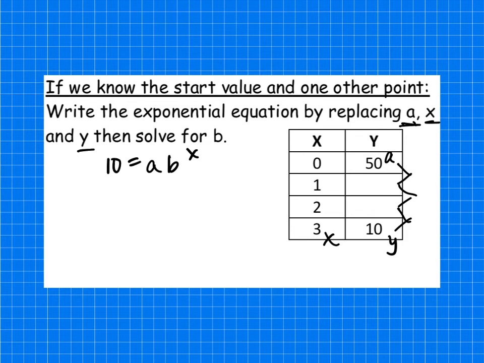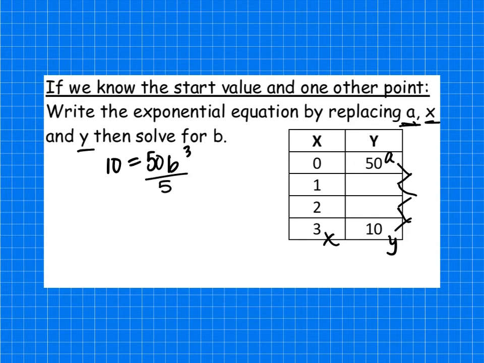I'm going to replace a with 50. Don't know my multiplier, so I'm going to leave that as b, and then I'm going to replace the x with 3. So then I just need to solve for b.